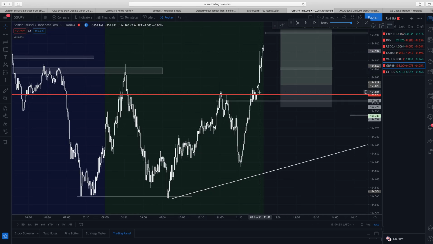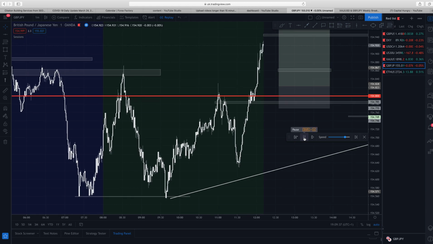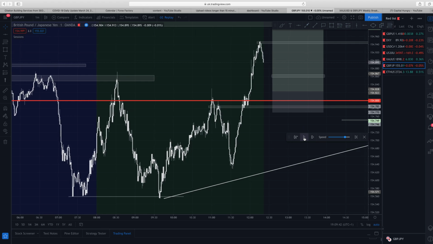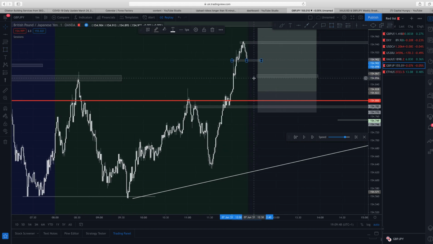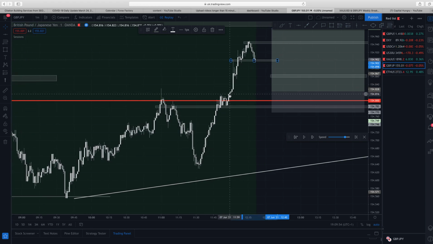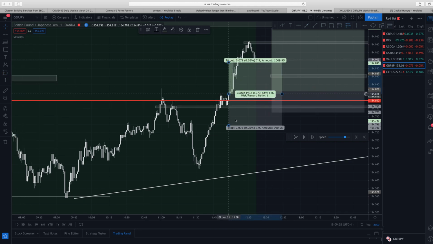But the better play, you could have got in at that point, and then let's see how you manage that trade. So let's say you get in on this closure above here, stops below, 5 pip stop loss.